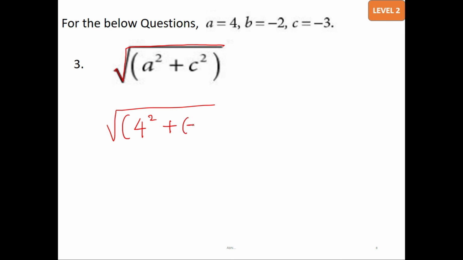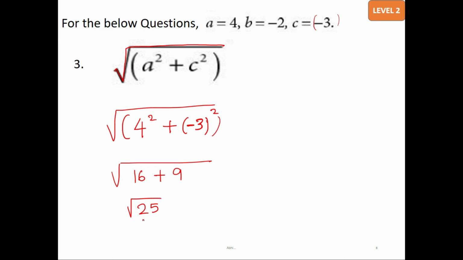So as I said, whenever you have a negative term, make it a habit to put a bracket. So negative 3 squared, which is going to be 4 squared plus negative 3 squared, which is going to be 16 plus 9, giving you a square root of 25.